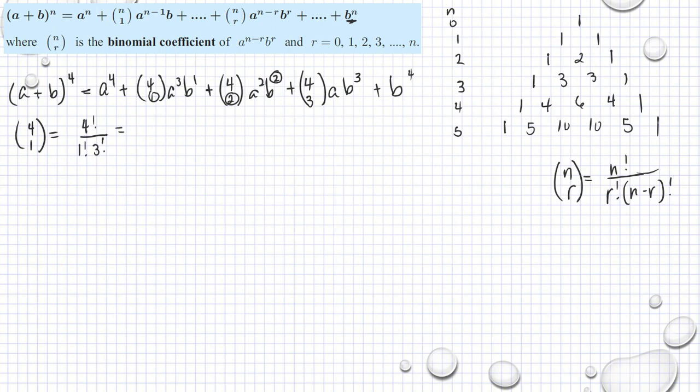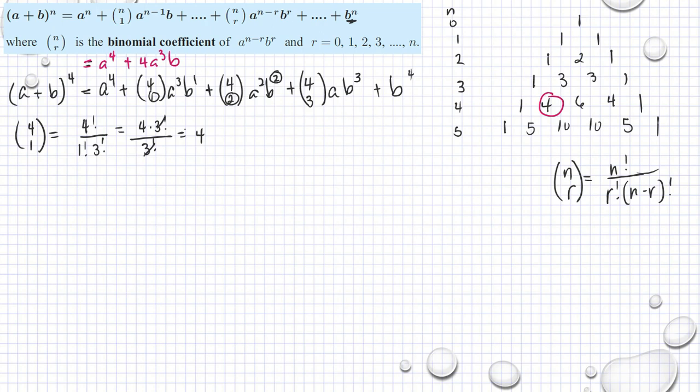Then if we expand that, we have 4 times 3 factorial divided by 3 factorial. Then we have 4. So this should be a raised to 4 plus 4a raised to 3, b. There we go.